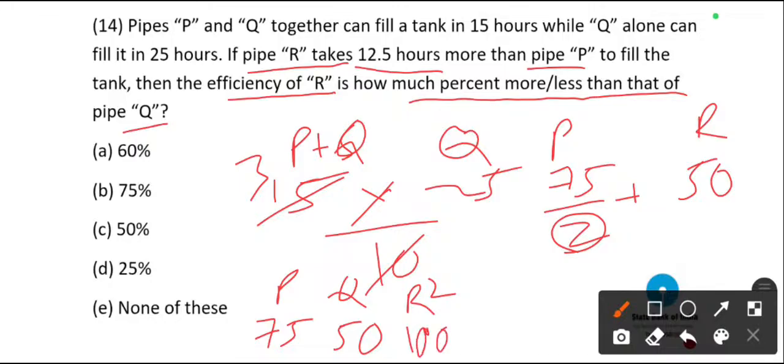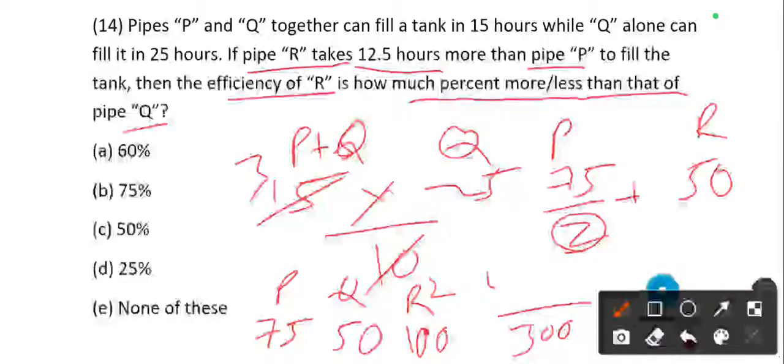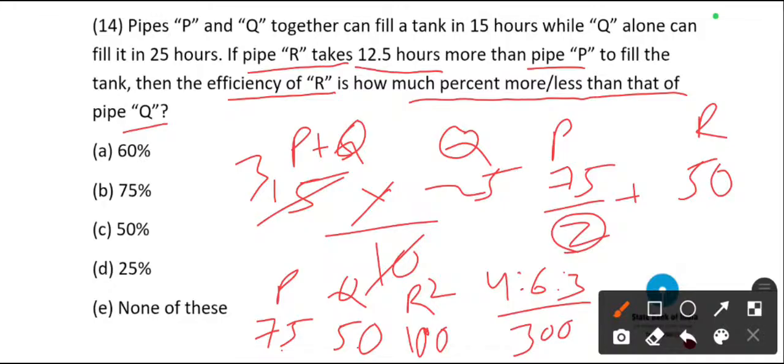These are the days. So their efficiencies will be, 300 is the LCM of them: 75 4 times, 50 6 times, and 3 times.